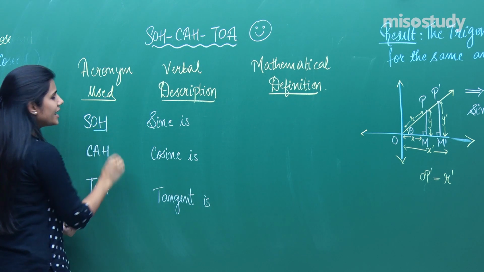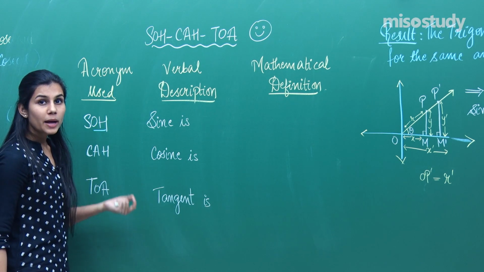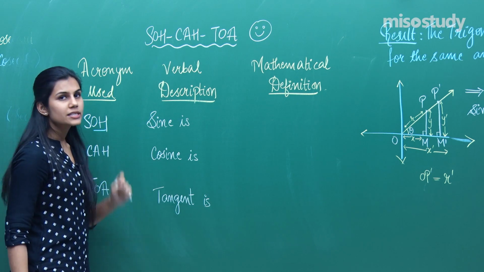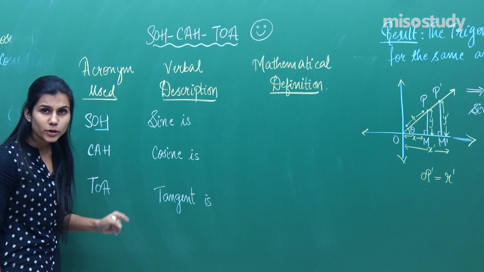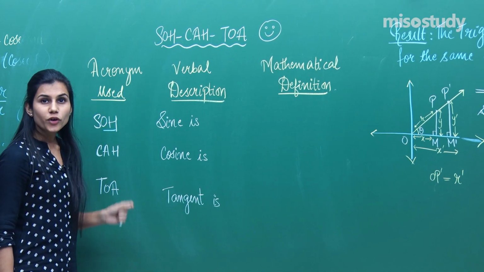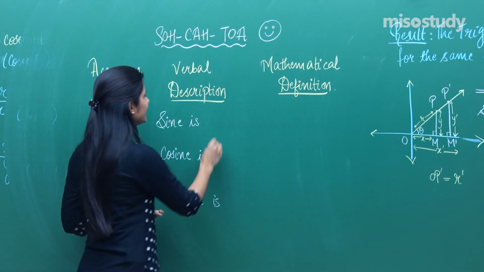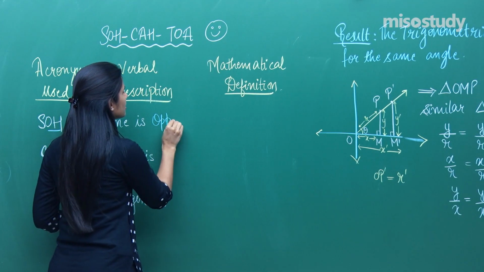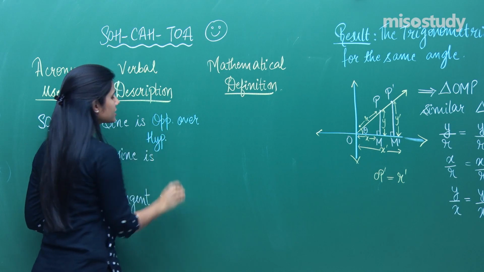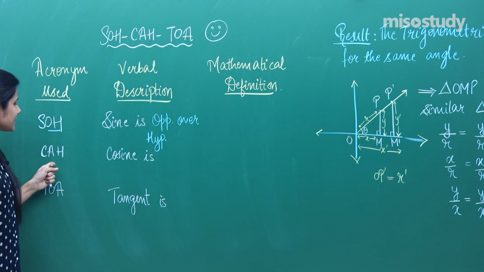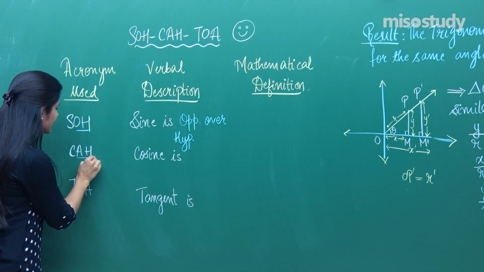The next 2 letters are going to give you the ratio for which sine stands for. O over here stands for opposite, H stands for the hypotenuse. So sine is opposite over the hypotenuse. Next is AH, as you can see.